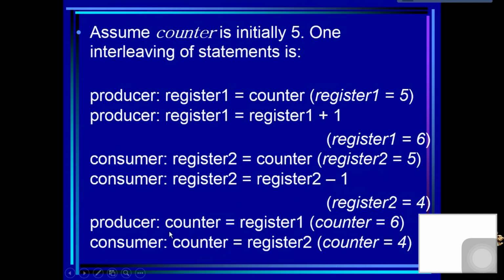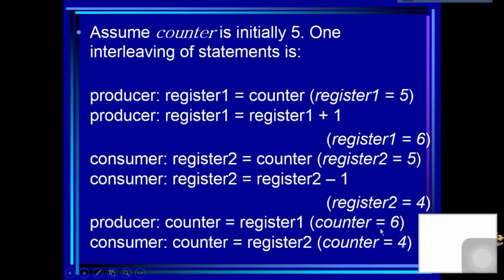Then the producer, register 1 equals 6. So by its store instruction, counter equals 6. And by the store instruction in the consumer process, counter equals 4. Of course, whether counter equals 6 or 4 depends on which instruction executes last.